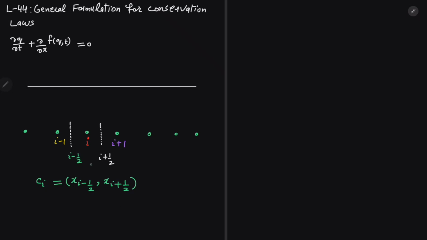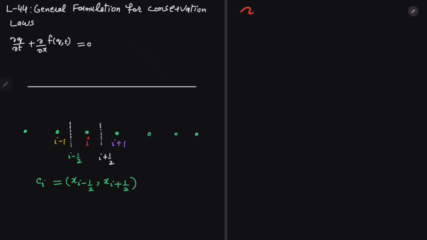So this one is the C_i. Now our aim is to approximate the value of this Q. Q is our solution. So we need to approximate that.